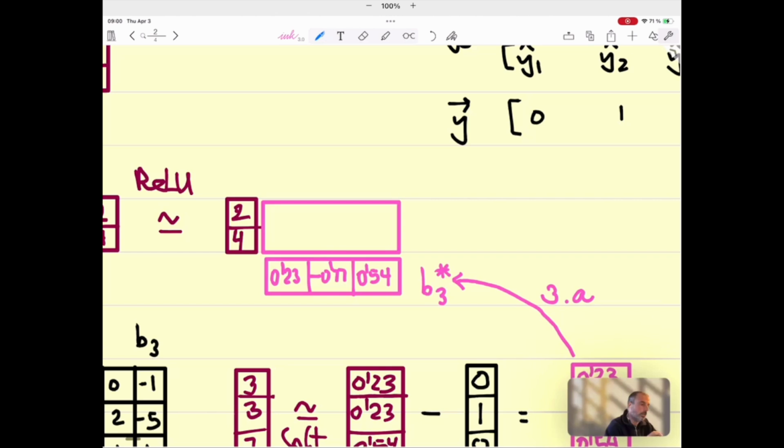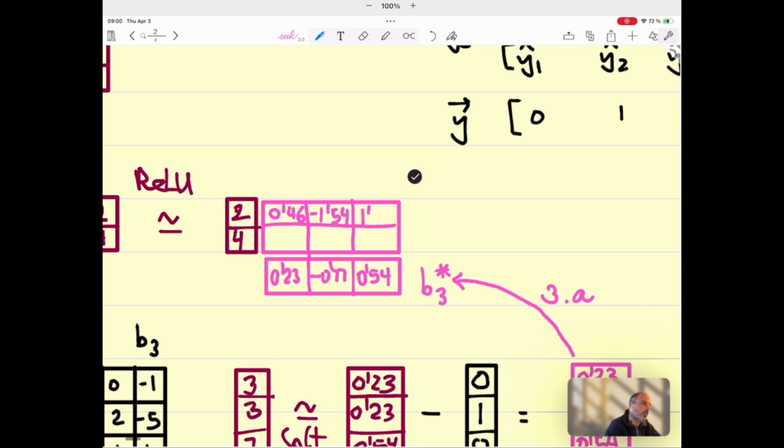So what we do here is, stay with me, do not go. We multiply 2 by 0.23 and we get 0.46. 2 by minus 0.77 and we get minus 1.54. 2 by 0.54 and we get 1.08.